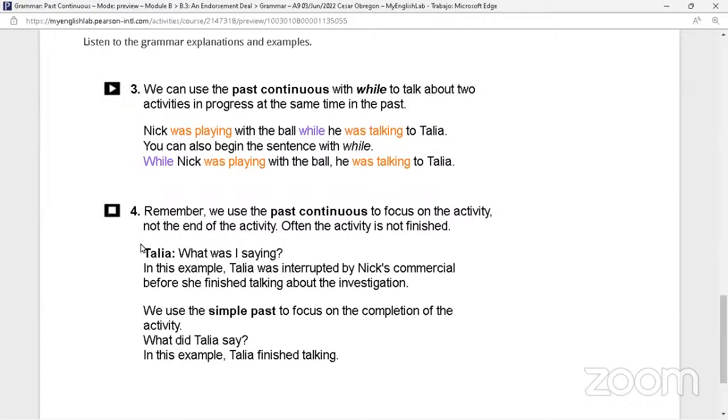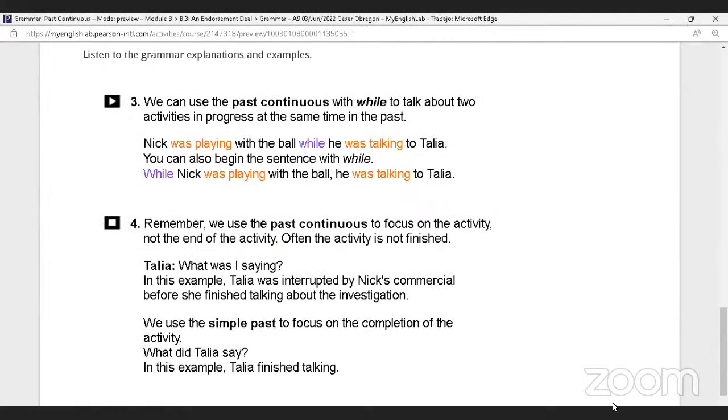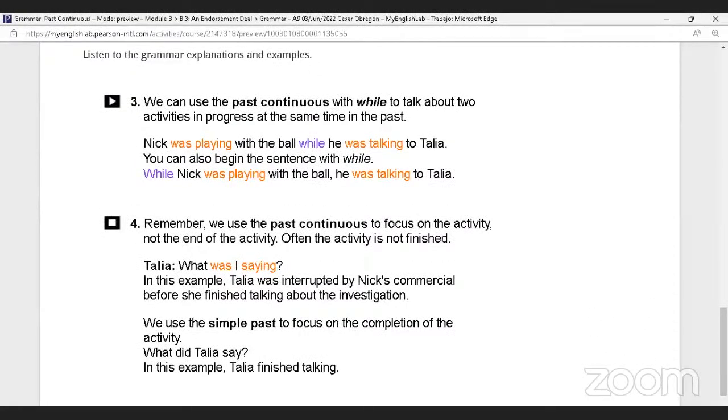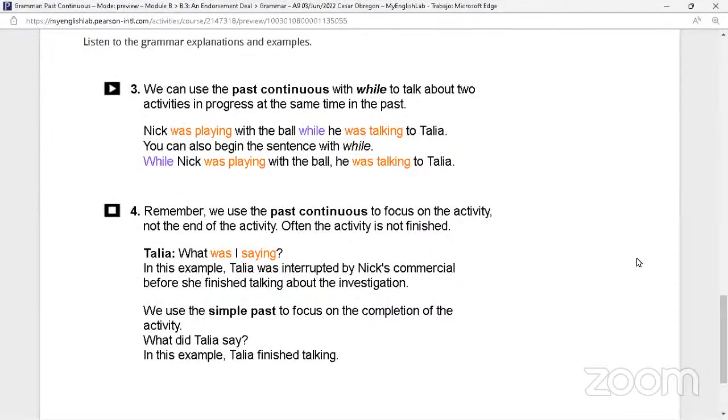4. Remember, we use the past continuous to focus on the activity, not the end of the activity. Often the activity is not finished. What was I saying? In this example, Talia was interrupted by Nick's commercial before she finished talking about the investigation. We use the simple past to focus on the completion of the activity.